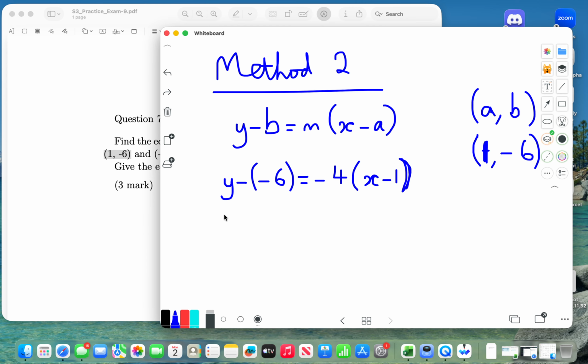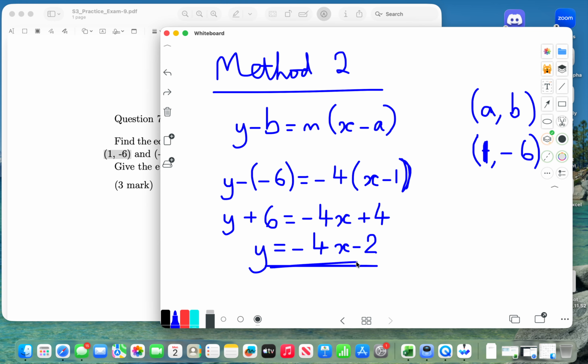Fixing the left hand side gives you y plus 6. Then it's minus 4x, and 2 negatives make a positive. And you take away 6 from either side. That's y equals minus 4x minus 2, and that's the exact same answer we got in method 1.